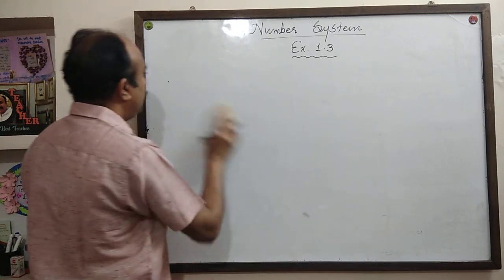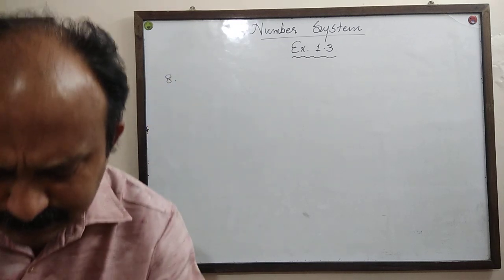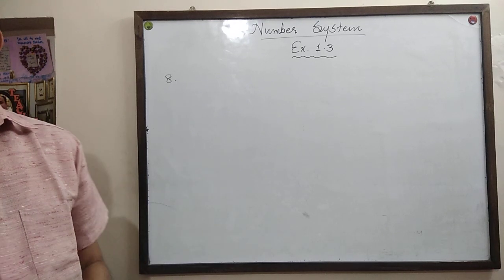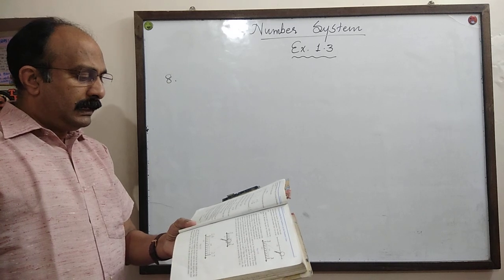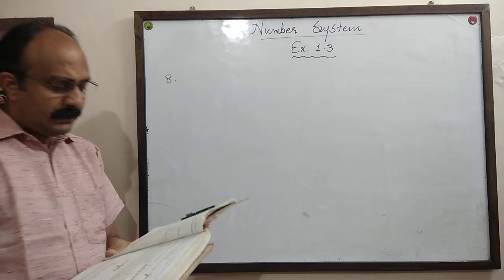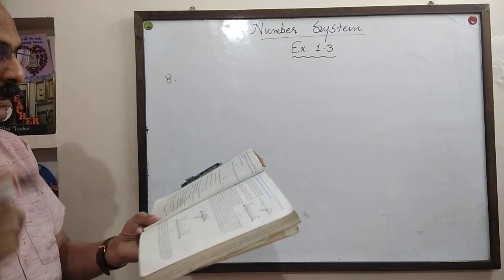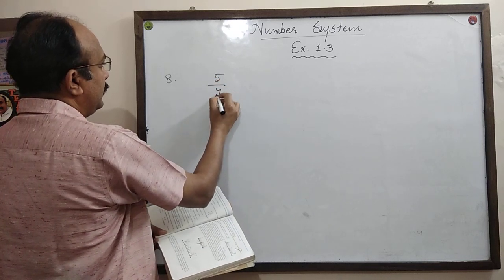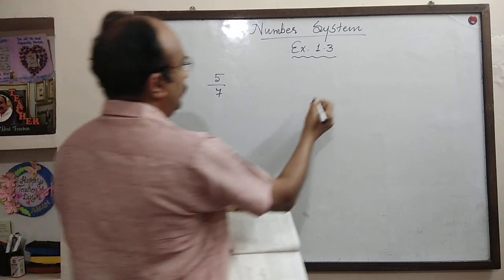Now question number 8. The question is, find 3 different irrational numbers between the rational numbers 5 upon 7 and 9 upon 11.